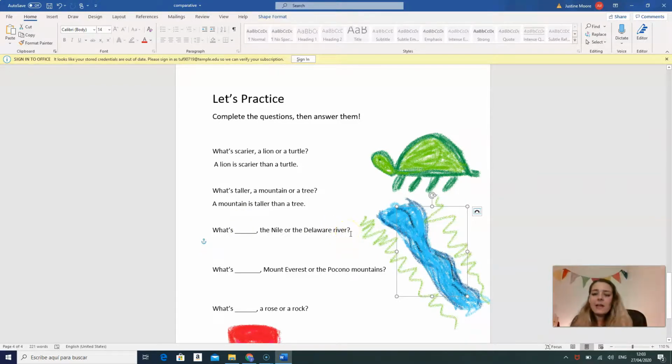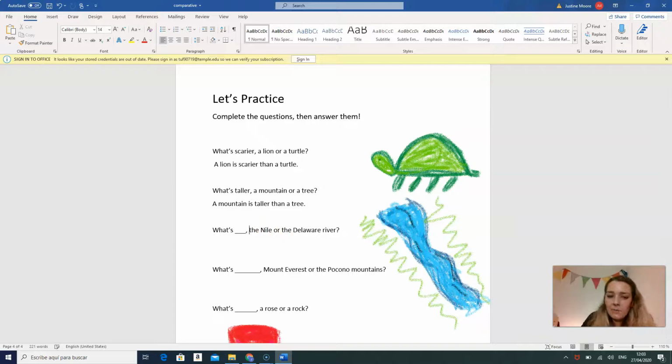All right, looks like I forgot to put the adjectives, so I'll just say them, the adjectives in parentheses. So what's the Nile or the Delaware River? The adjective is long, long. So how do we make that a comparative adjective? We add ER.